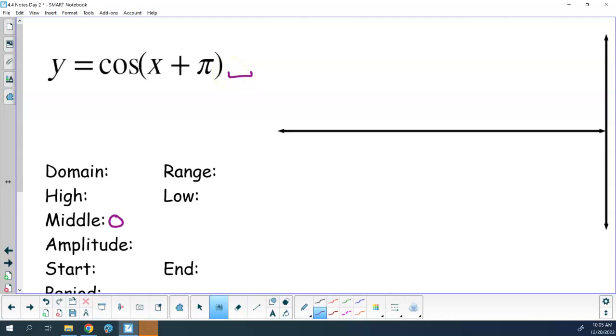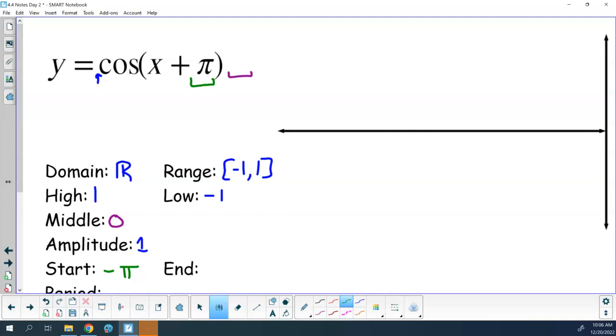Put my middle at 0. A 1 out here makes my amplitude 1, which means my high is 1, my low is negative 1. All real numbers as always. Then, that number there says that I'm starting actually at negative pi.